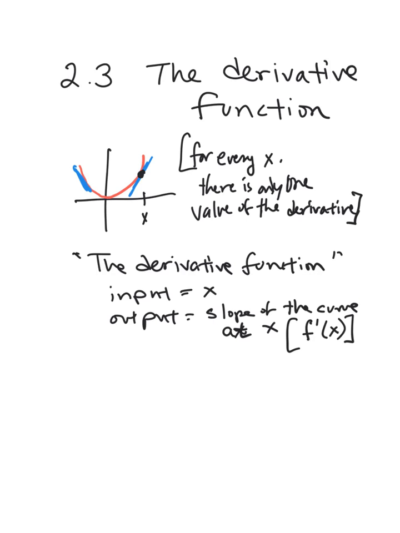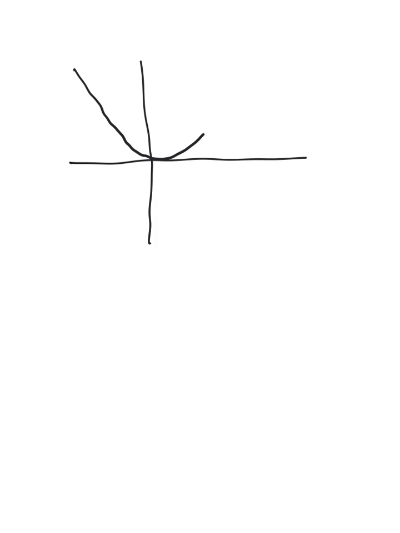So last time, in the last section, we looked at a parabola, and on that parabola we had a few points that we found the slopes at, I think at negative 1/2, at 0, and at 1.